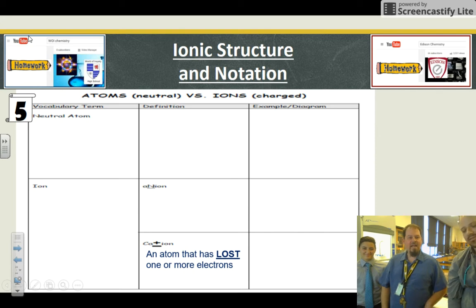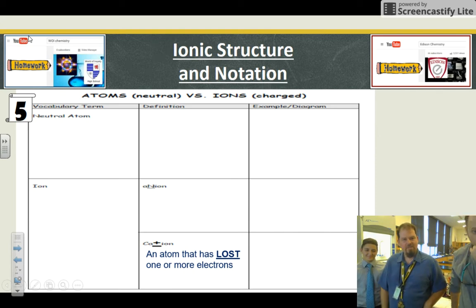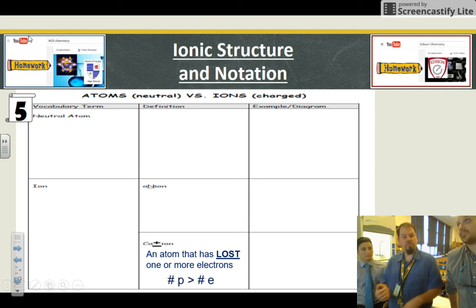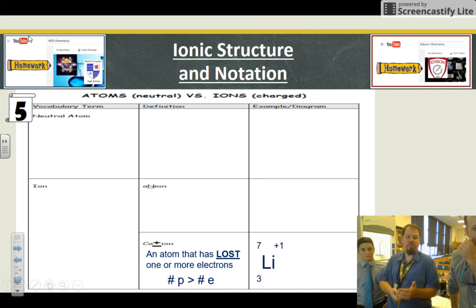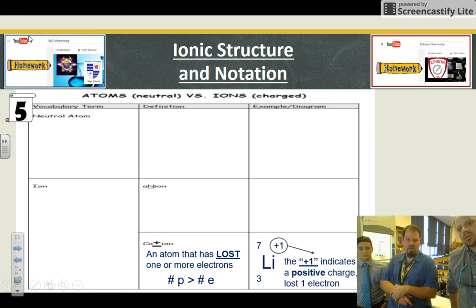It's a long day. Cations. See the little positive in the middle there with the T? This has lost 1 or more electrons, so it's positive. If it loses electrons, the number of protons is now greater than the number of electrons. So this is going to be very much the same thing, except the charge here is positive. This tells me that I lost an electron, forming a positive charge.